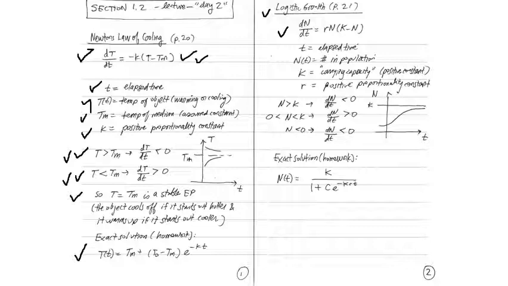And that's what we will indeed end up seeing in our solution. So small t is the elapsed time, N of t is the total number in our population, K is a carrying capacity, which is assumed to be a positive constant, and r is a positive proportionality constant.